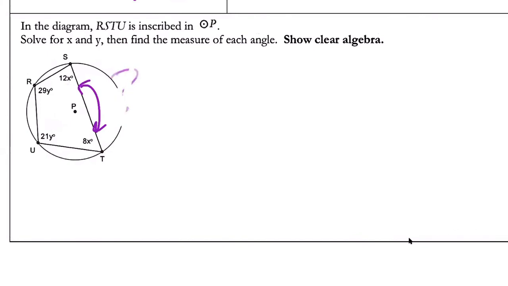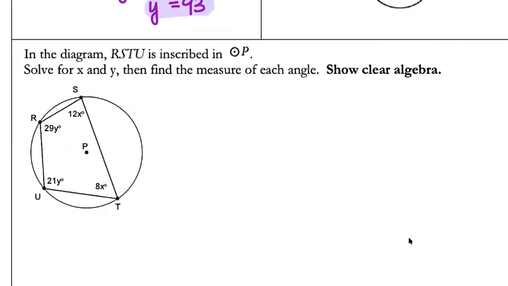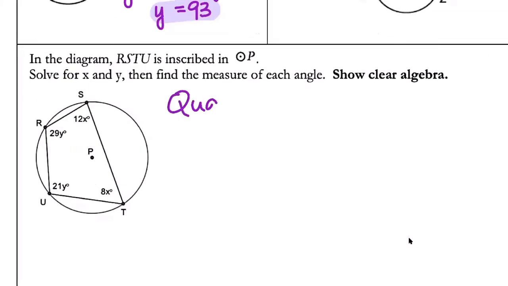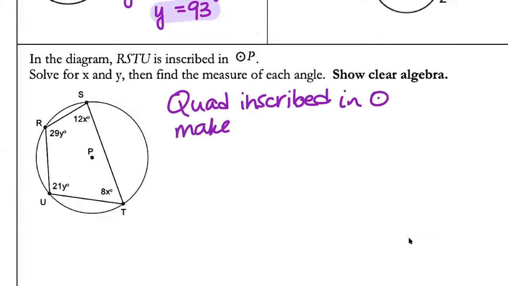What we know is that a quadrilateral inscribed in a circle makes opposite angles supplementary.